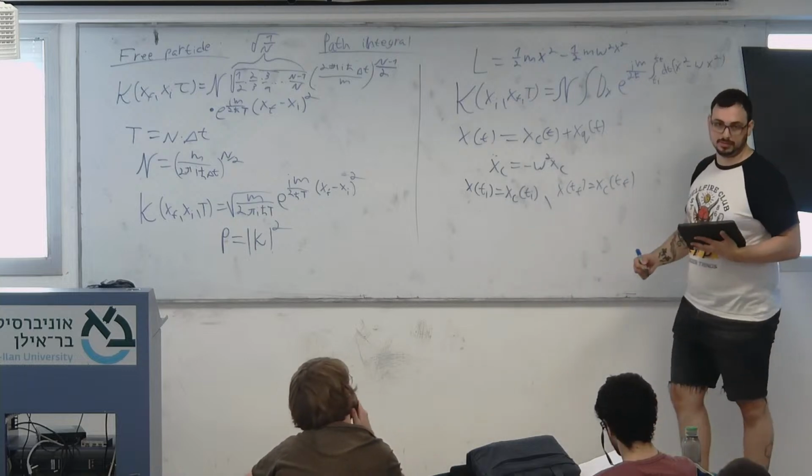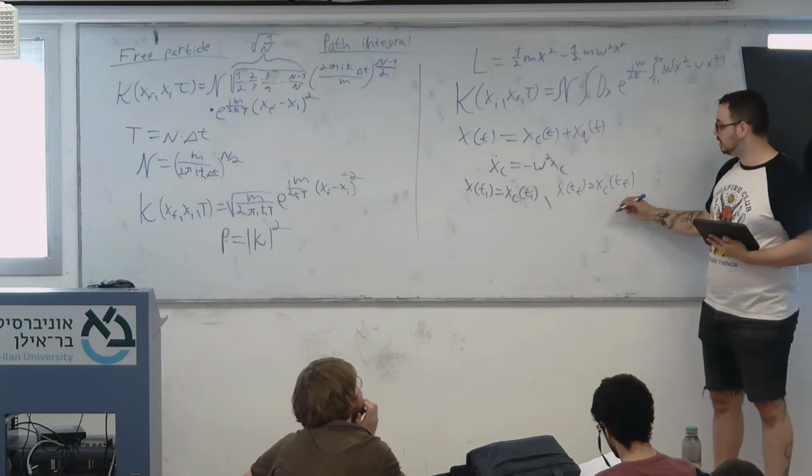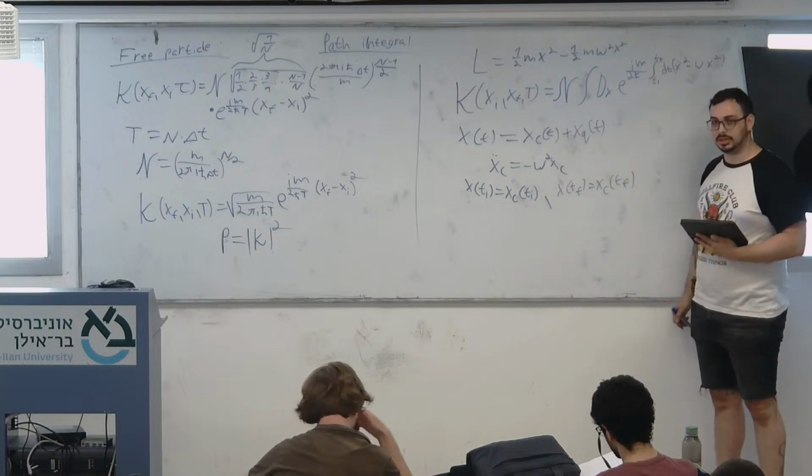I'm starting in a well-defined location and I'm ending in a well-defined location. So the quantum part of the location in the beginning and the end is 0.